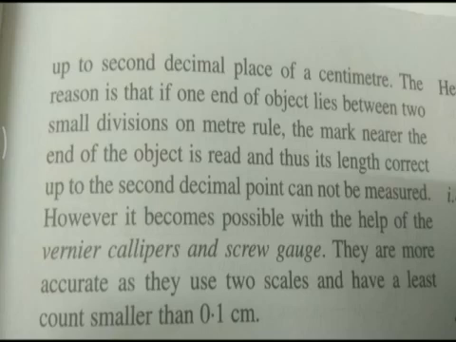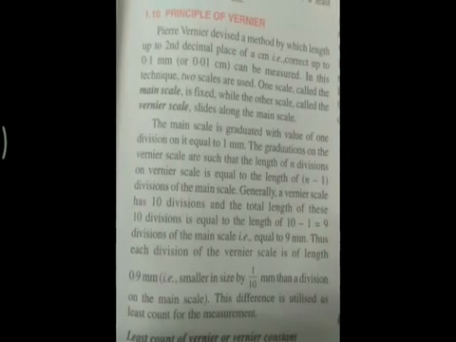That means they are more accurate as they use two scales that have a least count smaller than 0.1 centimeter. 0.1 centimeter is the least count of the meter rule, the meter scale. But for the vernier caliper and the screw gauge, the least count is much smaller than that. So first we will go with the principle of vernier.